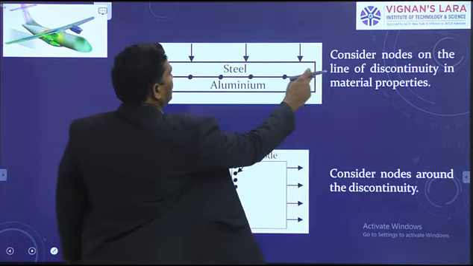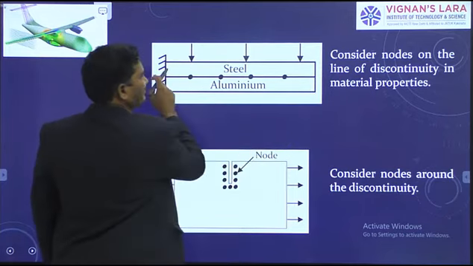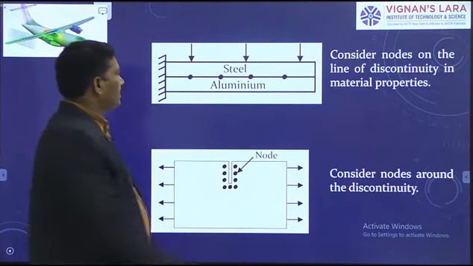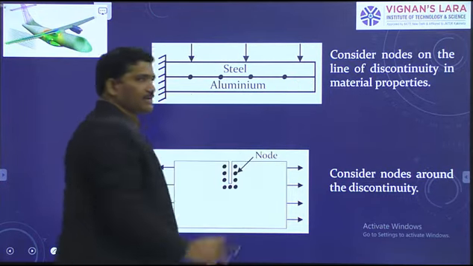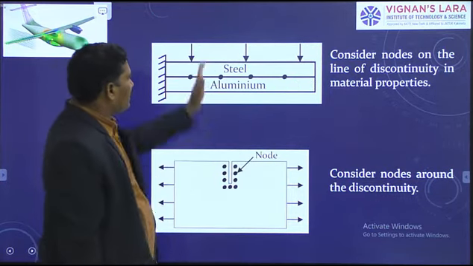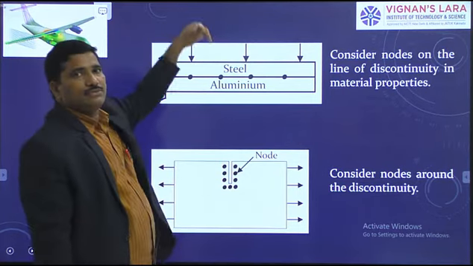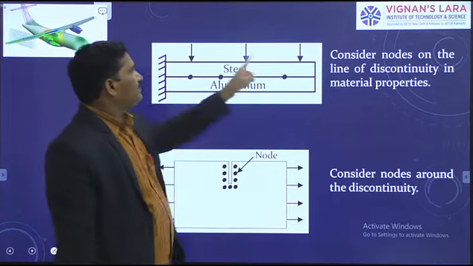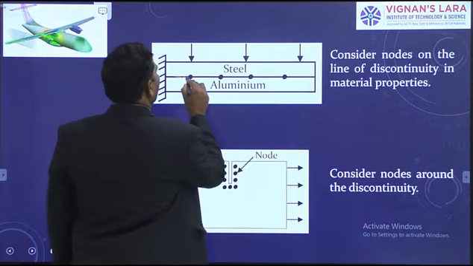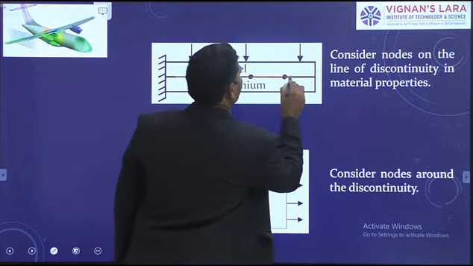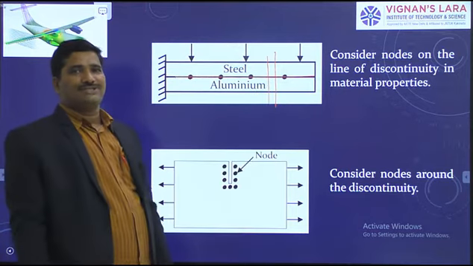Along the length, the properties of steel are the same everywhere. Along the length, the properties of aluminium are the same everywhere. But if you take the cross section in the direction of thickness, the properties of this composite plate are changing at the interface. This is the interface where the properties change in transverse direction.